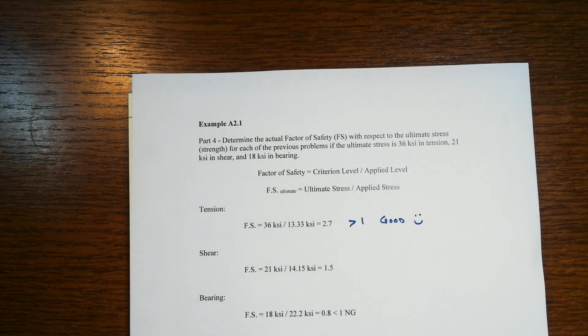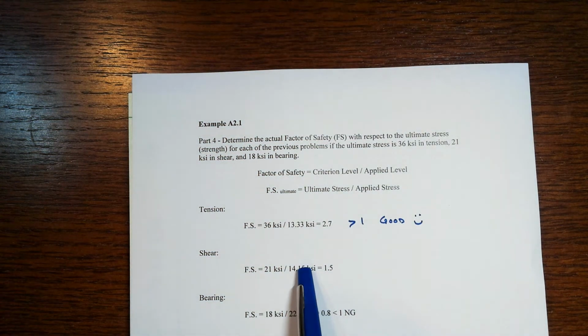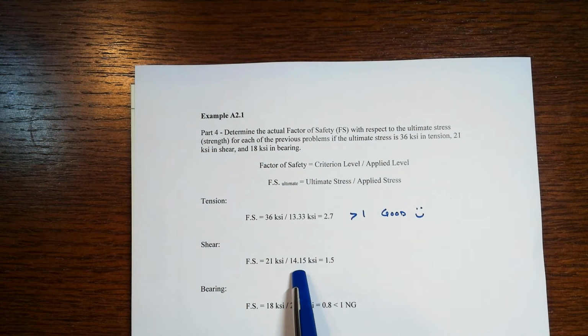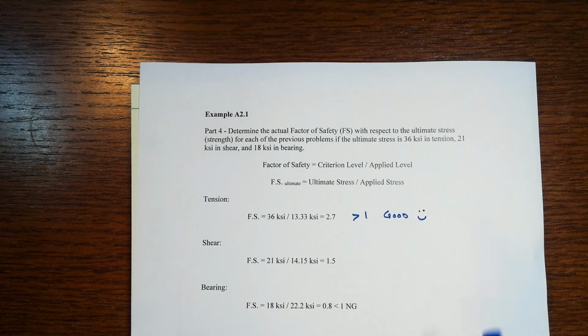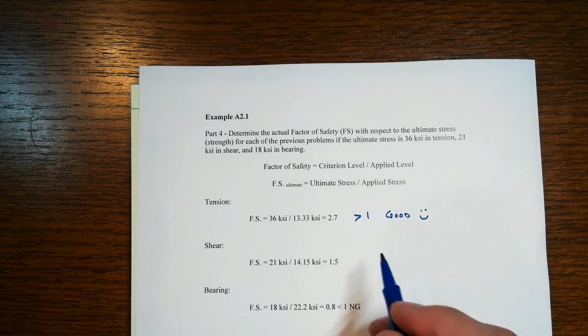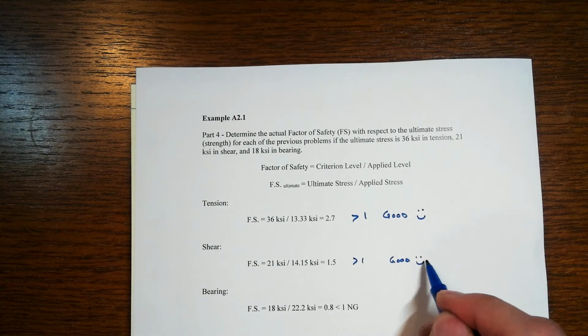For the shear, we have a criterion stress, this is about the bolt, of 21 ksi, and the calculated value was 14.1, it's actually 14.147. And so 21 divided by that number is 1.5. Again, that's greater than 1, so from a theoretical standpoint, that's good.